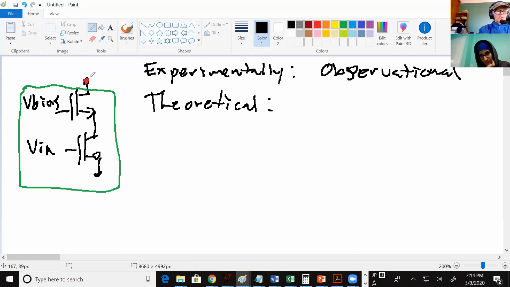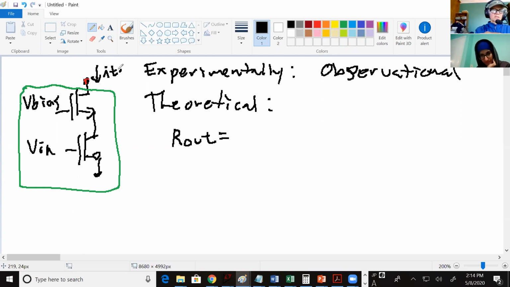So for theoretical, for this one, we ended up with an equation, and I don't have it up right now, but we got an R out. And the way we did this, we did small signal analysis, and we called this I out and this V out. Actually, let me redo that because it's not matching what I wrote last time.